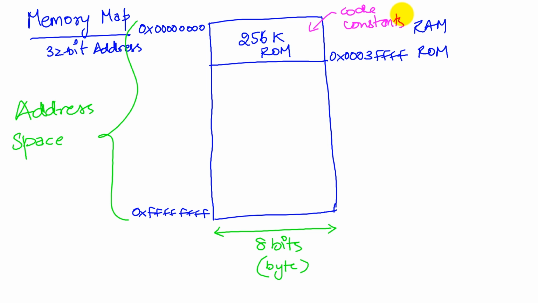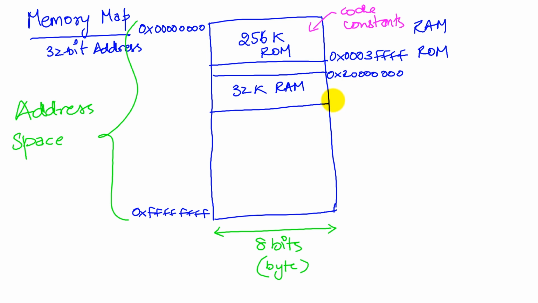Now we have our next bank of memory, which is going to be our RAM. This is 32K of RAM on the board that we are using, which starts at memory location 0x20000000 all the way up to 0x20007FFF.